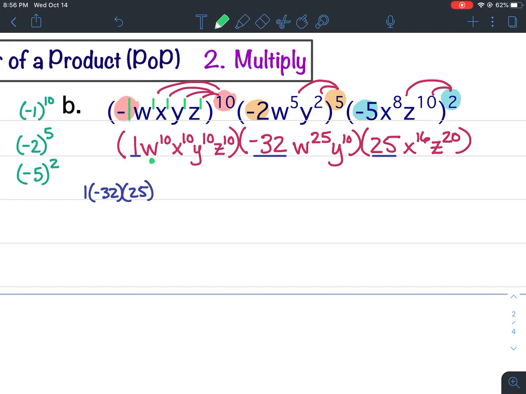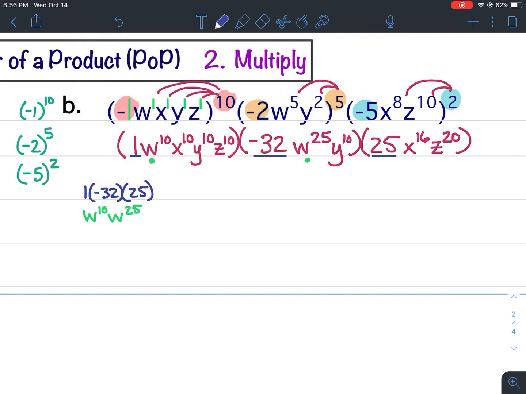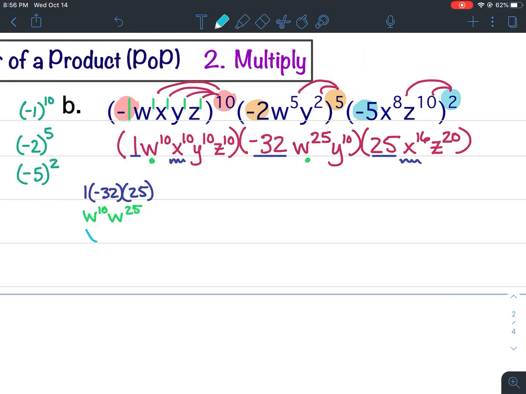I've got w to the 10th, w to the 25th, and that's it for the w's. I have x to the 10th, x to the 16th.